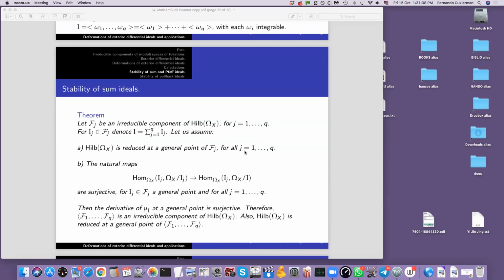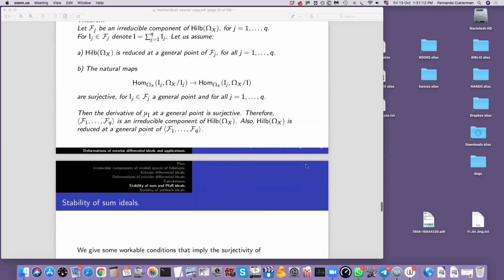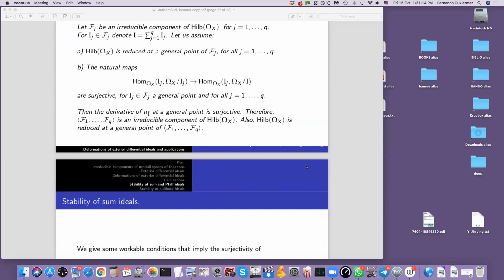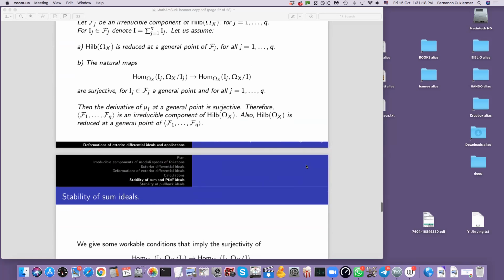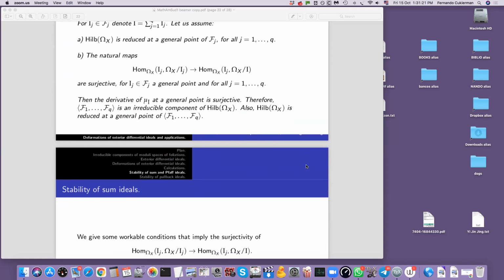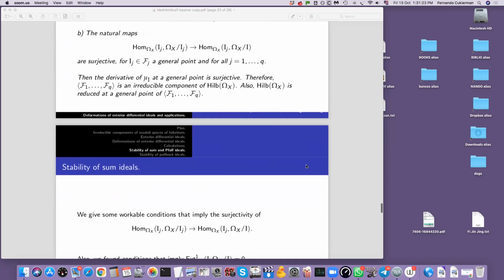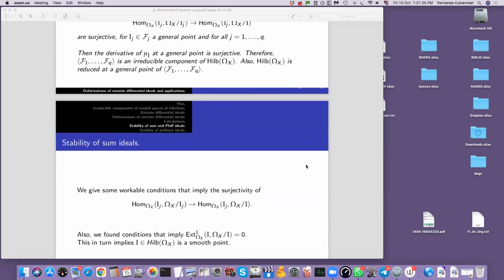Well, what we have is a little bit more general. So this is the main idea of the result for stability of some ideals, or FAF ideals.